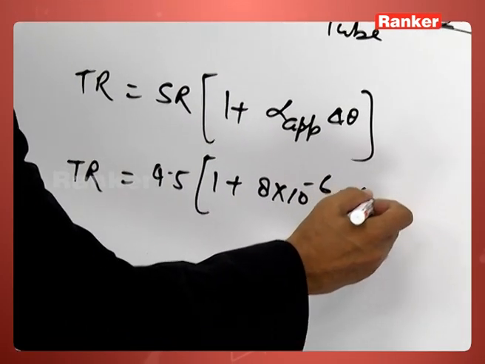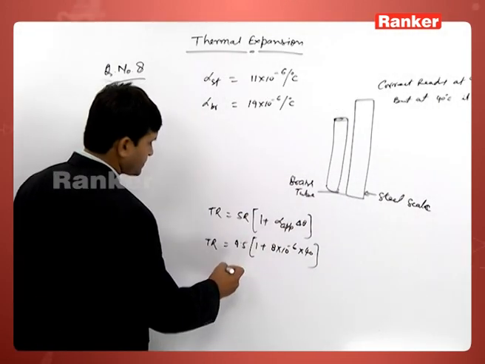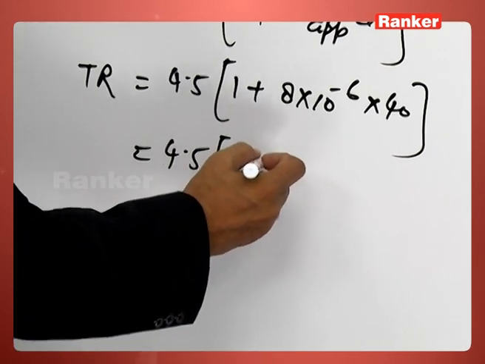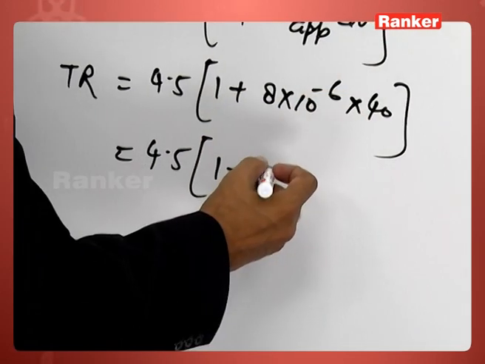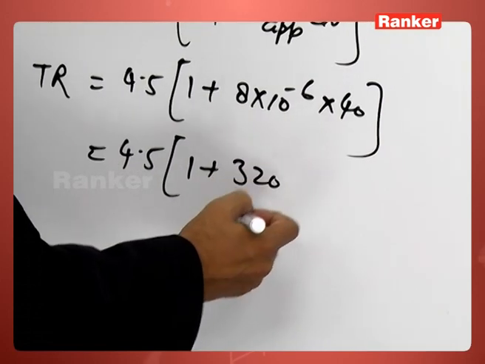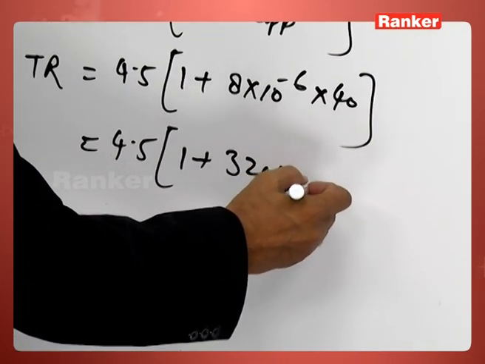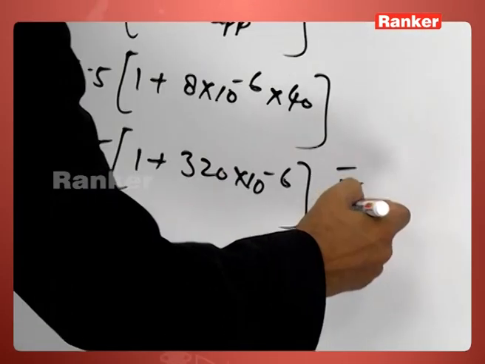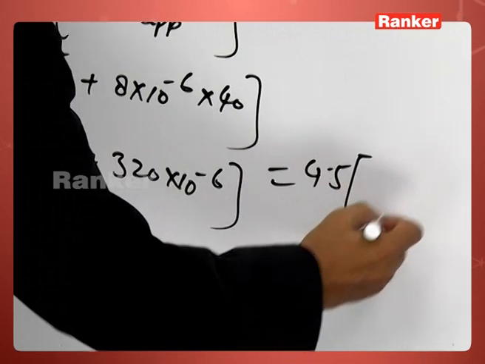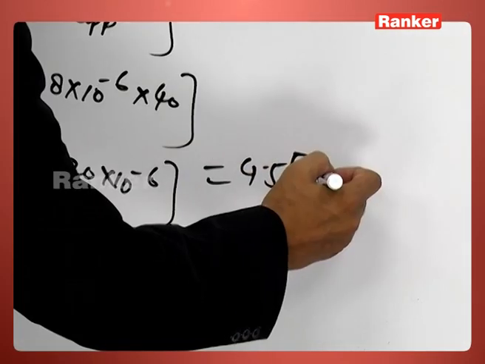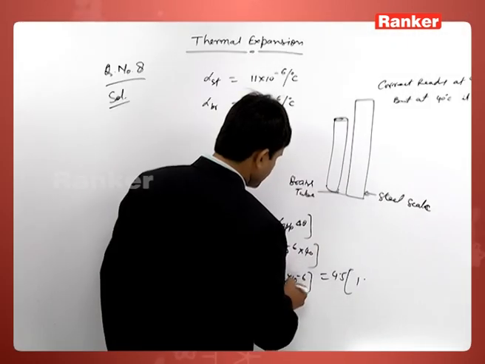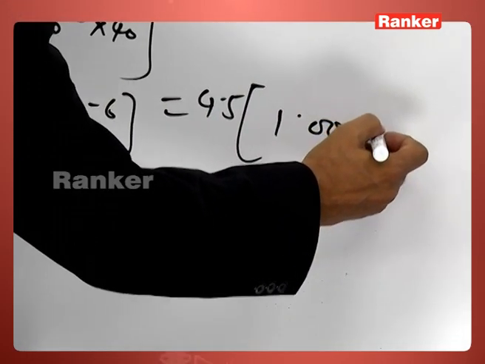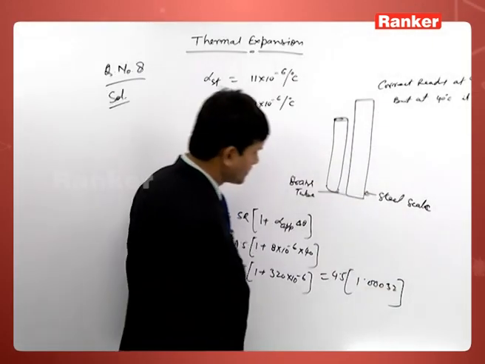Now simplify. 4.5 into 1 plus 320 into 10 power minus 6. Now further we are simplifying. 4.5 into 1.00032.